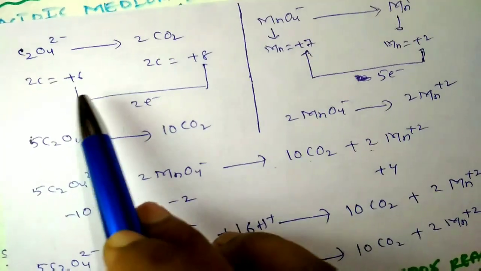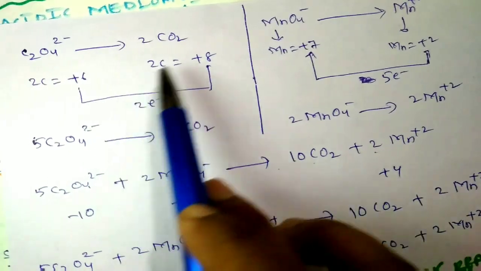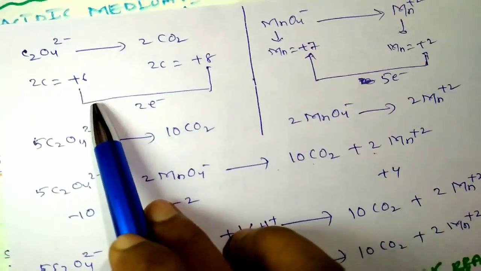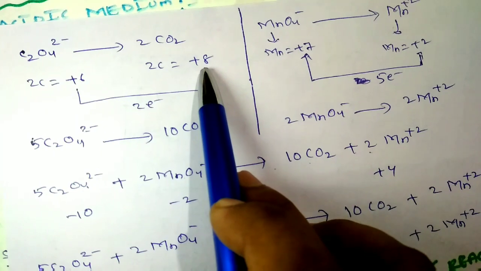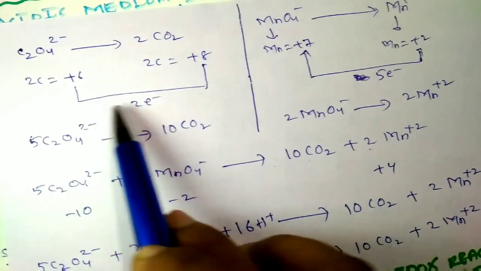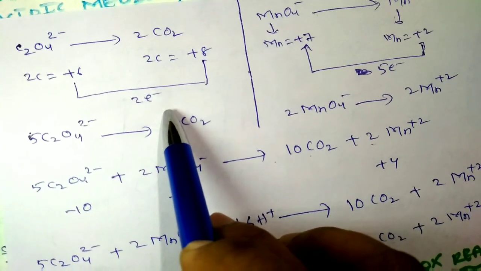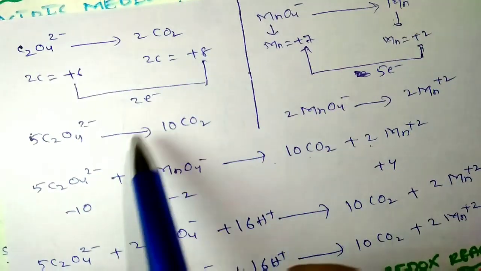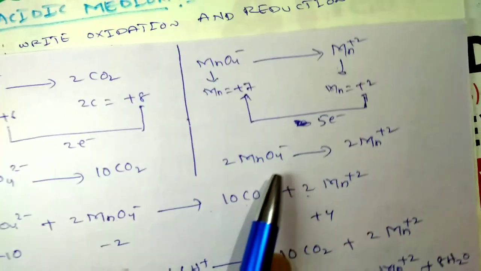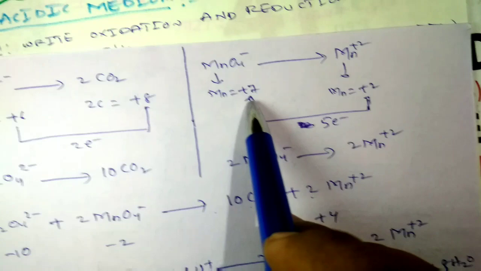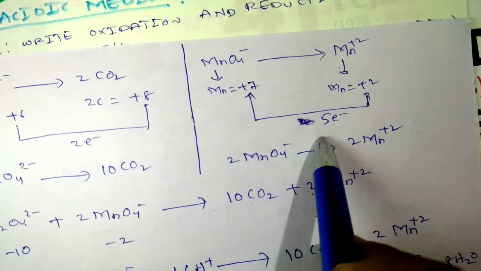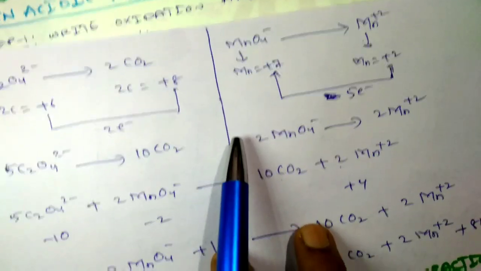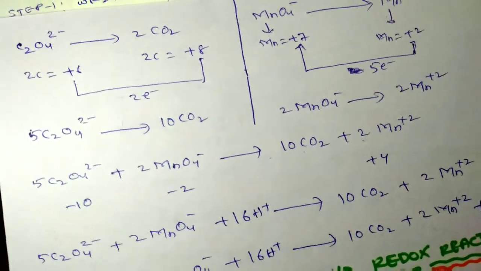In +6 to +8, the electron difference is 8 minus 6, so 2 electrons. During this reaction 2 electron exchange is happening. Then +7 becomes +2, 7 minus 2, 5 electrons. Got it?